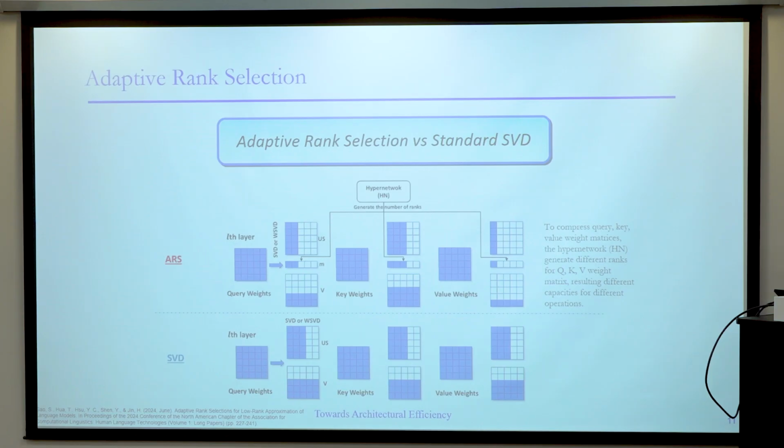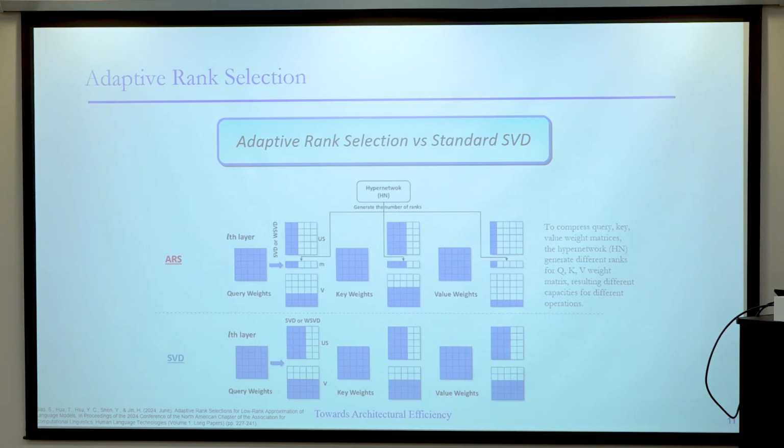For these methods, they assume all the weight matrices or all the operations have the same number of ranks. Basically this assumes that every operation or every layer has equal importance. And we think this could result in suboptimal performance since you make everything uniform.